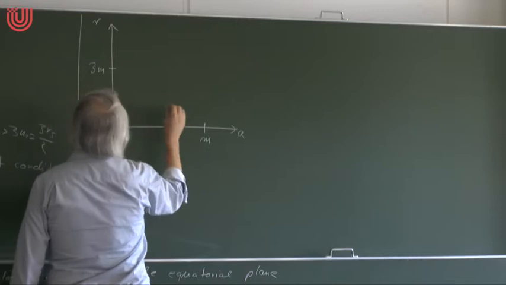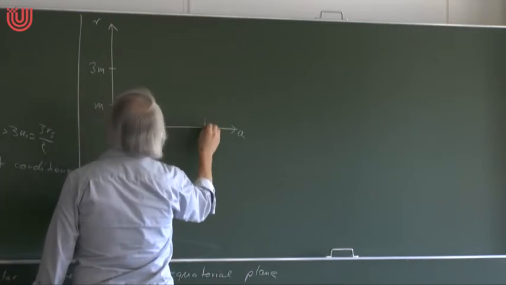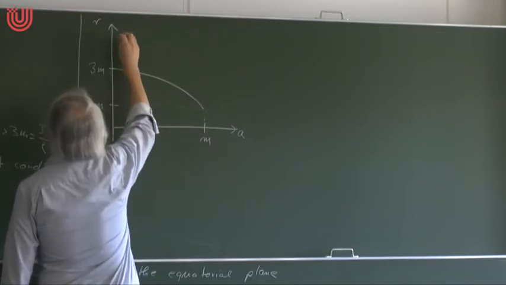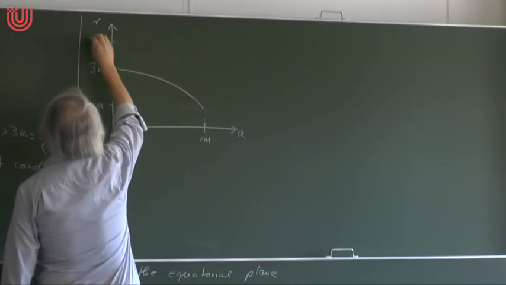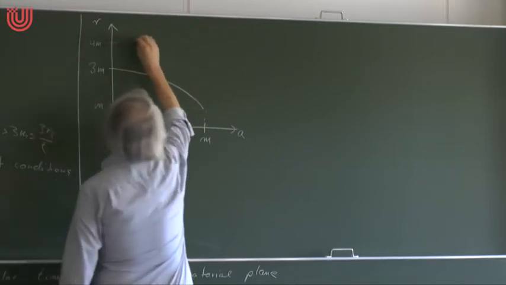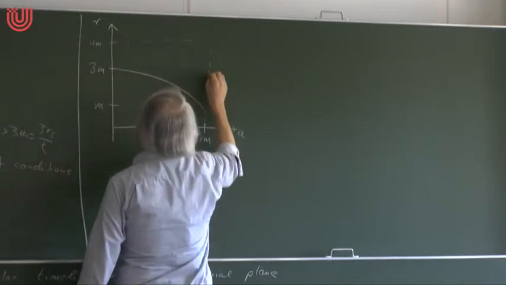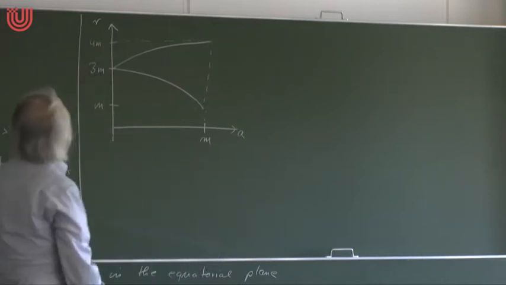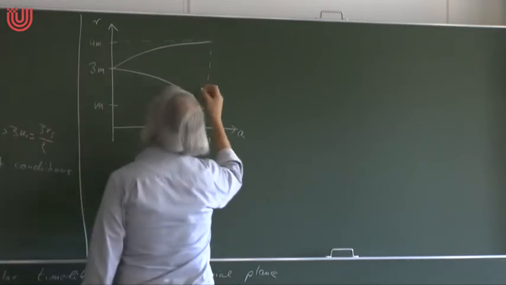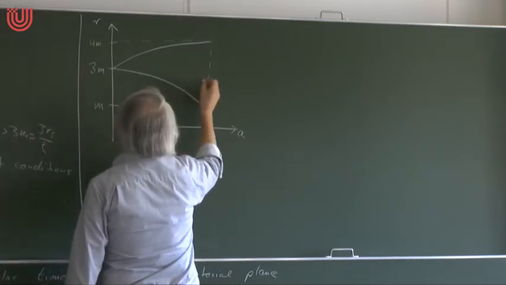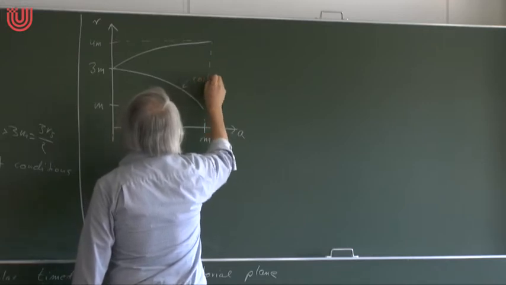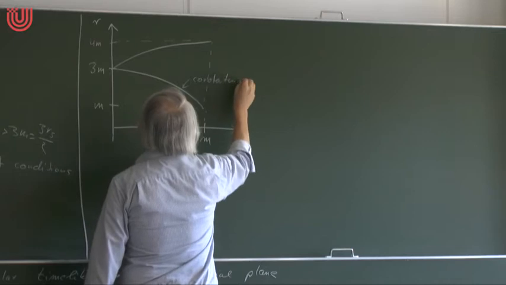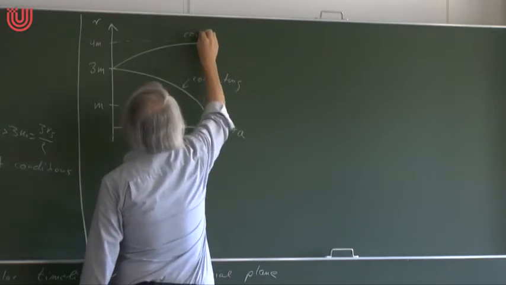One branch goes to m, it goes like that, and the other branch goes to 4m. So this is, wait a minute, the smaller one is co-rotating. And this is counter-rotating.